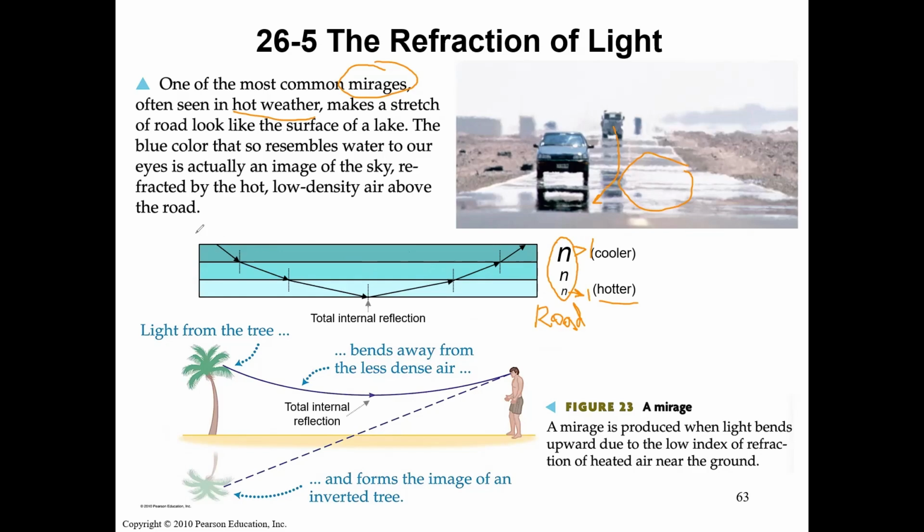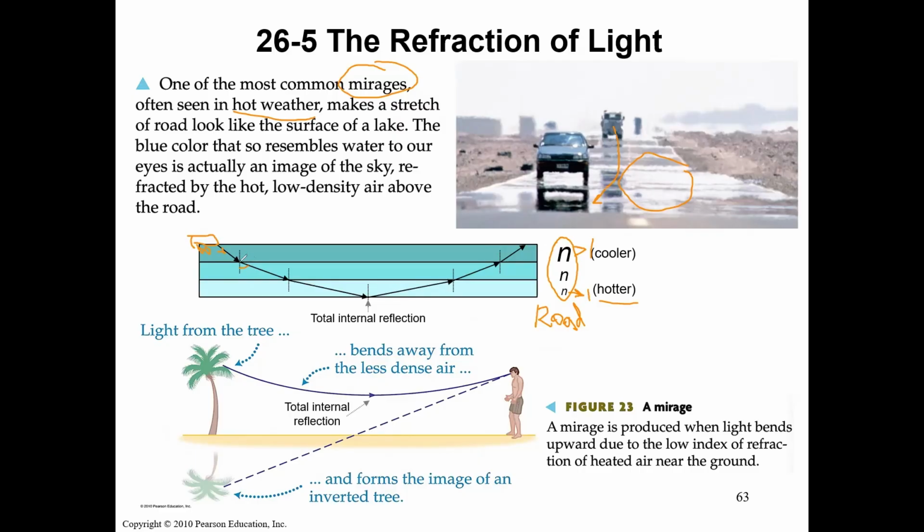If there is a car in here, the car is emitting some light rays. Every time it goes into a hotter medium, or a medium with a smaller index of refraction, it will always bend away from the surface normal.